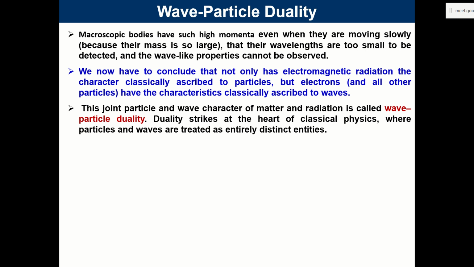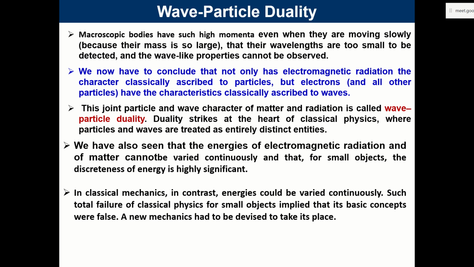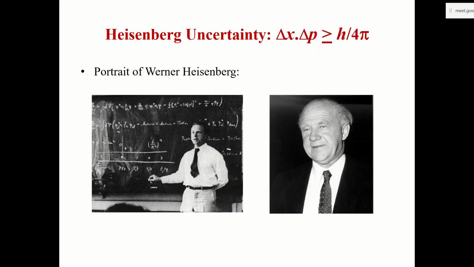So refer to my previous classes. Wave particle duality is very important. And then after that Heisenberg comes in and he gave this uncertainty principle, which relates to the uncertainty in position and uncertainty in momentum.